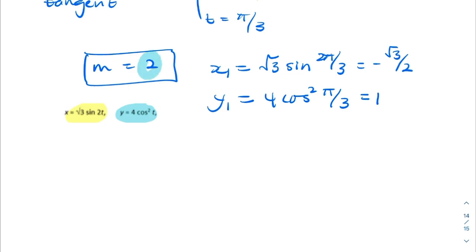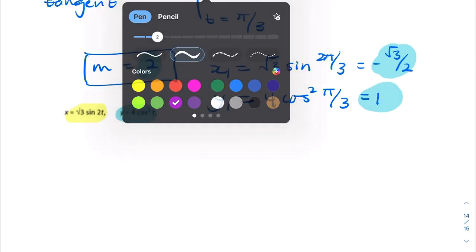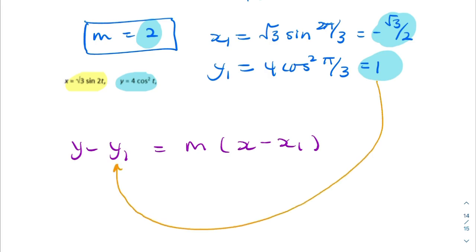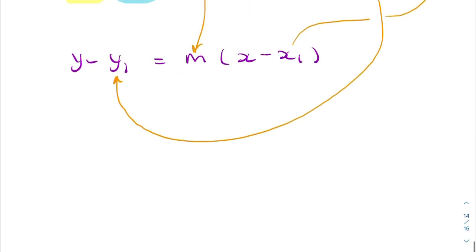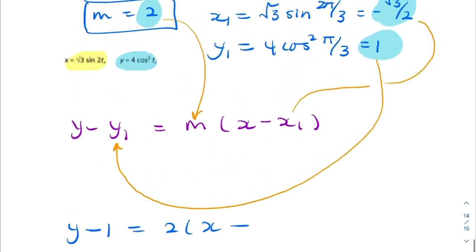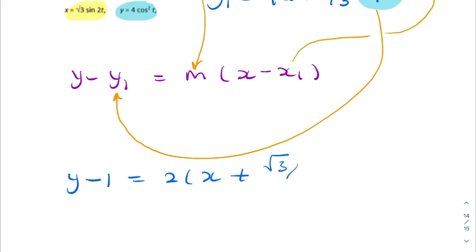So now you know m, you know x1 and y1. You can write the equation of the tangent as y minus y1 equals m times x minus x1, and then just put those numbers in. So that will go in there, that goes in there, and that goes in there. So you'll end up with y minus 1 equals 2 times x minus 3 over 2.